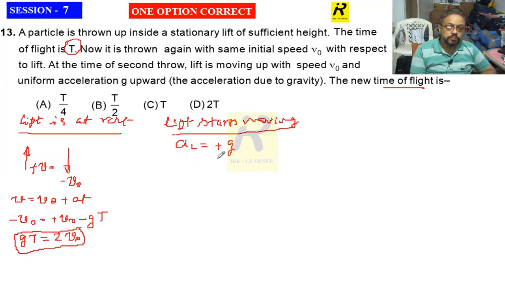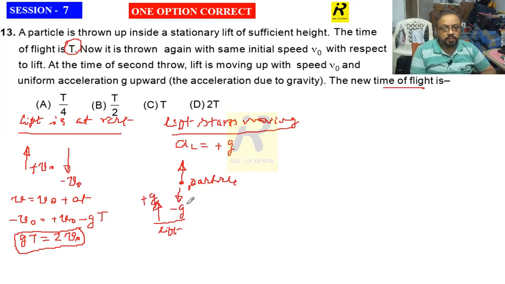Now when you throw the particle upwards, the acceleration on the particle will be the acceleration due to gravity, which is acting downward. Meantime, the lift is coming up, right? The lift is moving up with acceleration plus g.